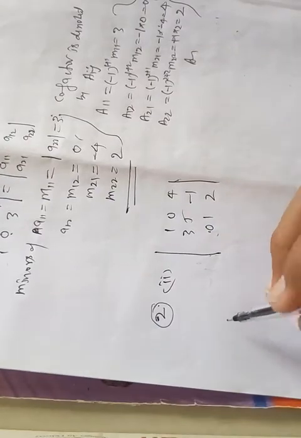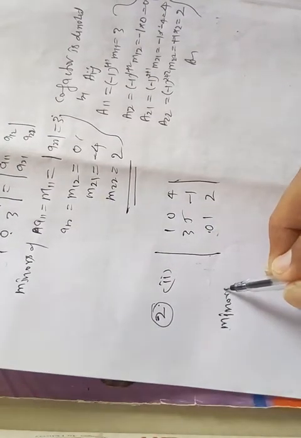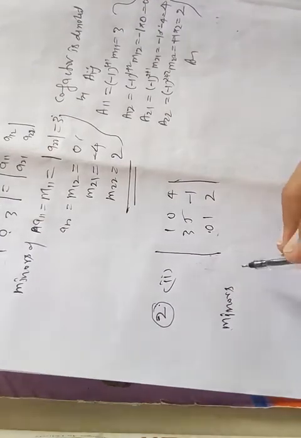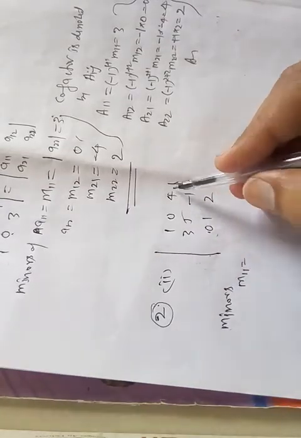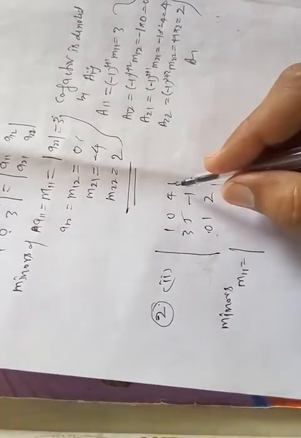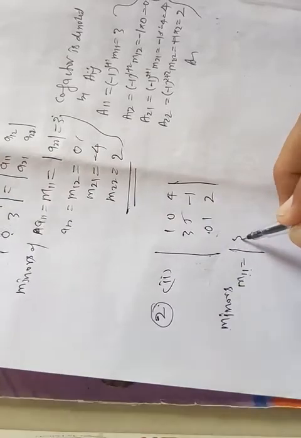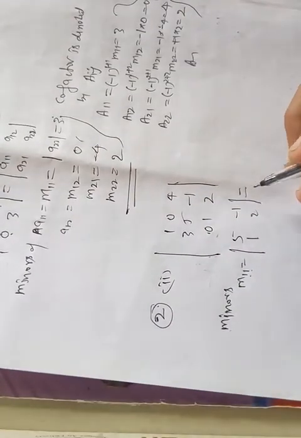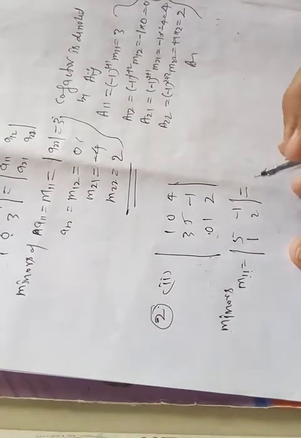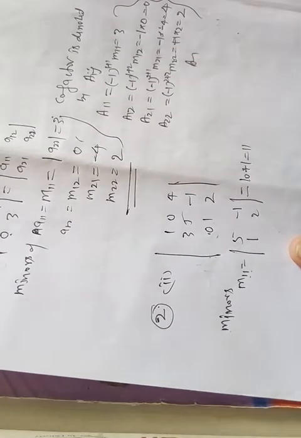To find the minor M11, the minor is denoted by capital M11: first row and first column cancelled. So M11 means the first row and first column cancel, leaving 5, minus 1, 1 and 2. This equals 10 plus 1, equal to 11.